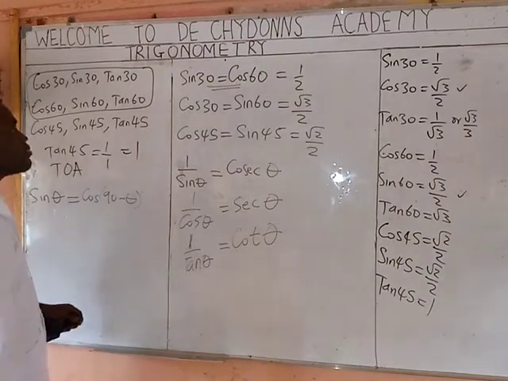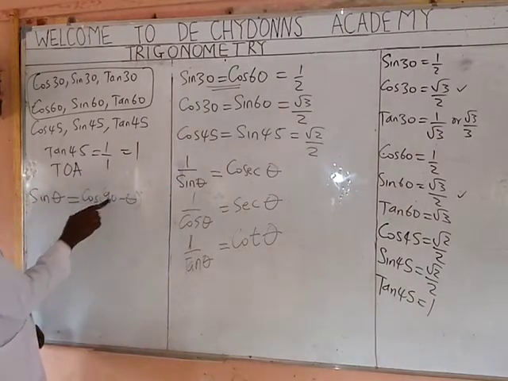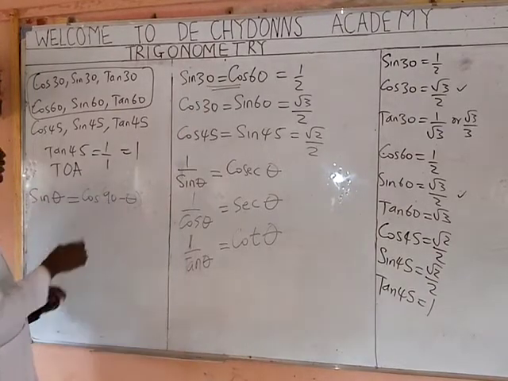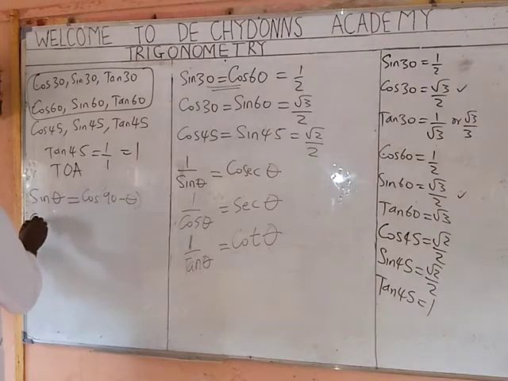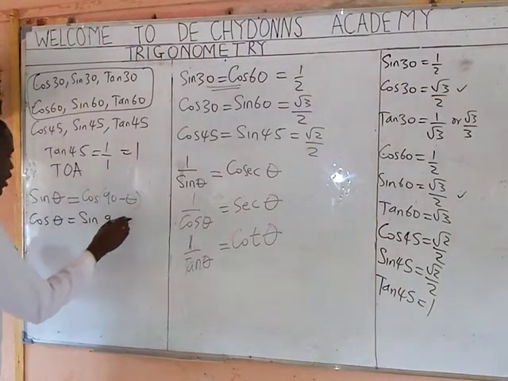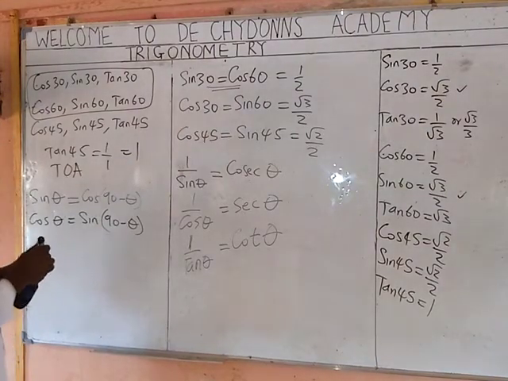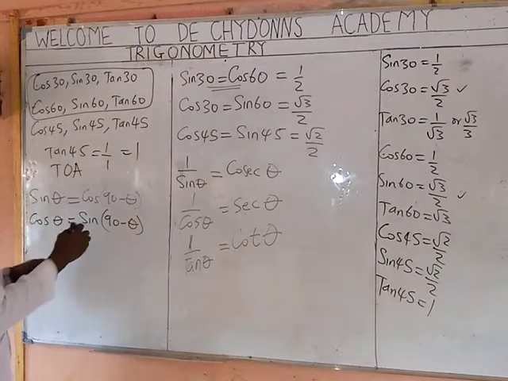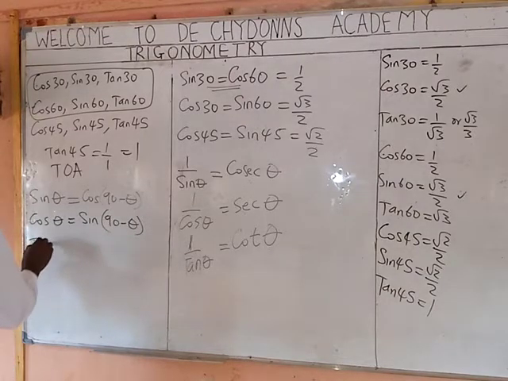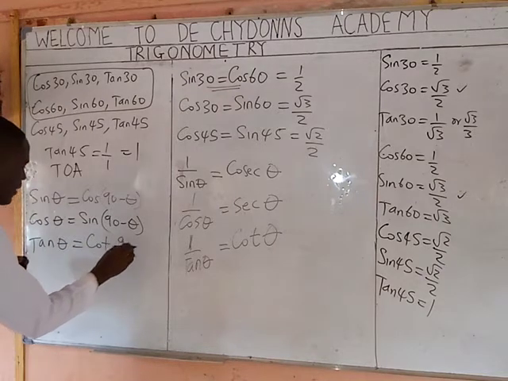That means when theta is 30, this will be 90 minus 30, which is 60. Then cos theta is equal to sin 90 minus theta. That is what this is telling us. Also note that tan theta is equal to cotangent 90 minus theta.